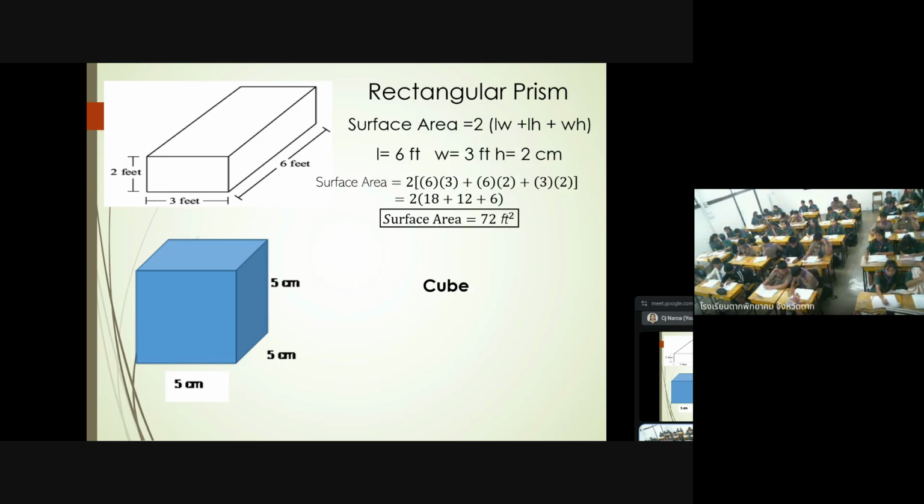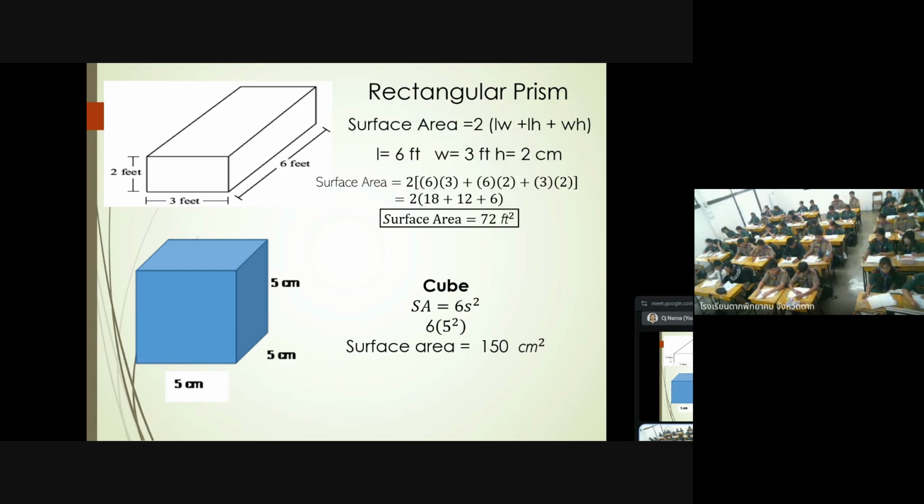Don't forget to write the feet squared. Cube, the answer is 150 squared. 5 points each. Drawing, solution, and answer, 5 points. That is a total of 15 points. Okay? All right, next. Last one.